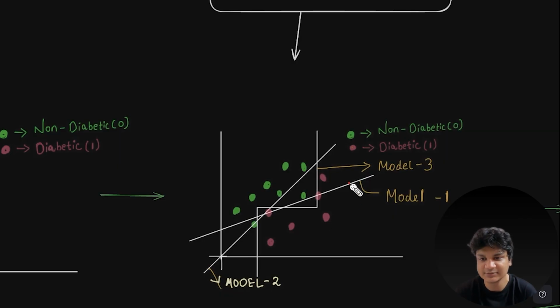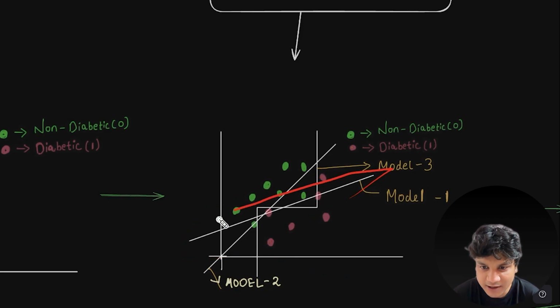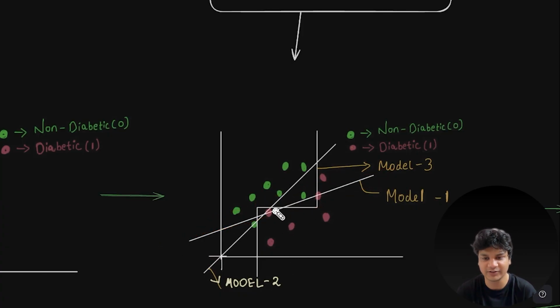Let's say this is my first line, model number one, this is my second line, and this is my third line. What do you think, guys? Which is the best line? Can I confidently say that line number one is classifying these two? No, it's not classifying very well, because some of the other class are present in this class. Can I say that line number two is classifying?